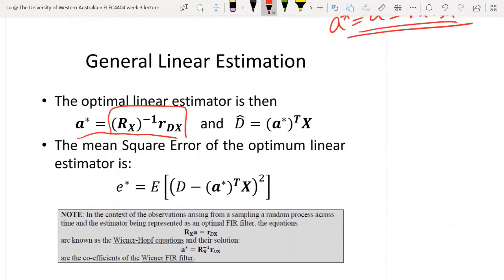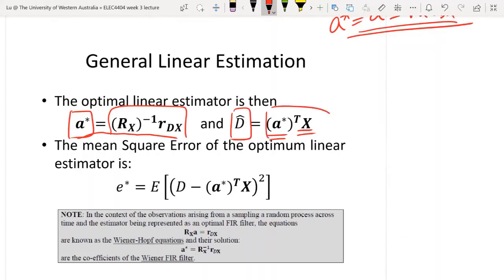Now after this long calculation, we already know the best, optimal A value for the estimator. After you design these A values, the coefficients for the estimator, we want to use them to produce our estimation. So the A value is used to multiply with the X observation. The result is our estimation.